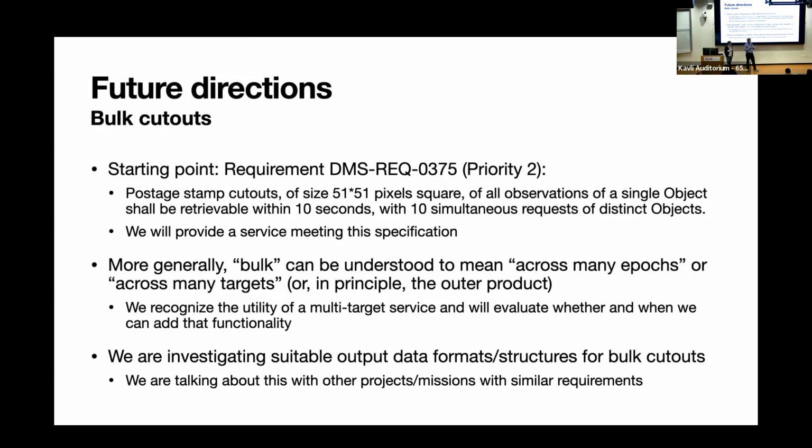You get different answers depending on the actual usage pattern, so we don't really want to pre-commit to that. But we will be looking at the load, not just on cutout services, but at queries and everything else throughout operations, and trying to build a better system to meet them as we go. What you get on day one is definitely not what you're going to be stuck with for 10 years.